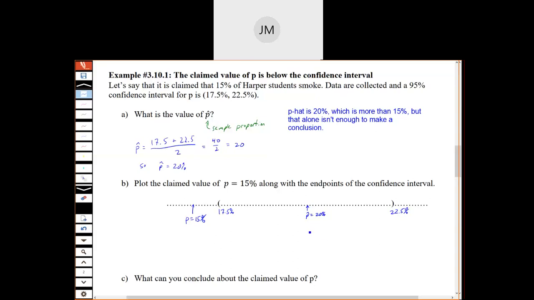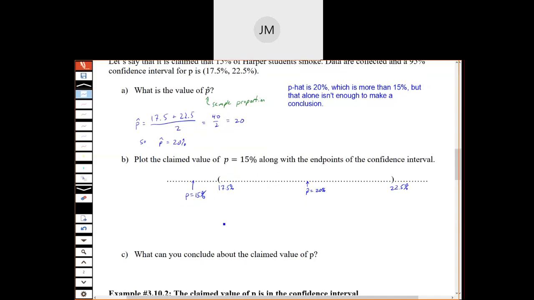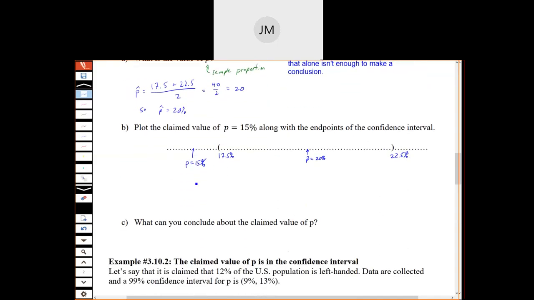Now I can see that my entire confidence interval is bigger than the claimed p. The whole range of values that I feel confident that p is in, if somebody claims a p that's not in there, then I have evidence that they are wrong. So what can I conclude?